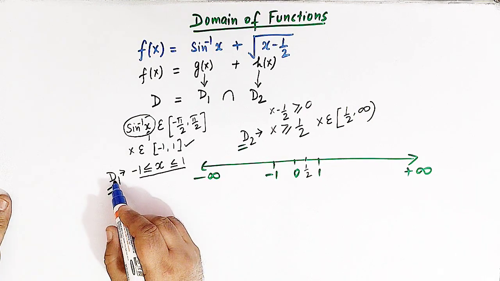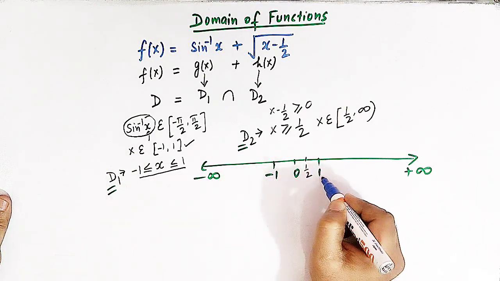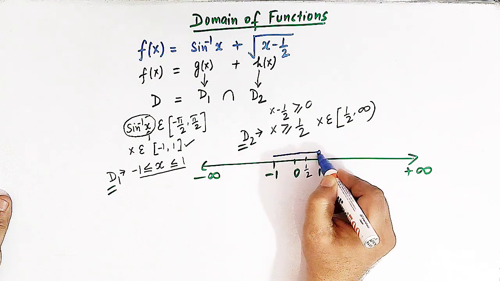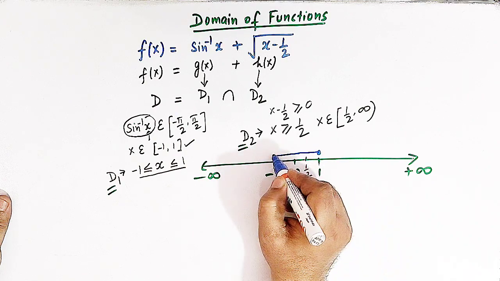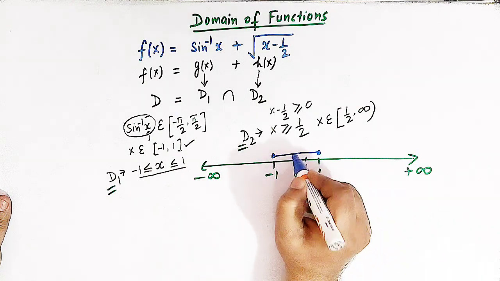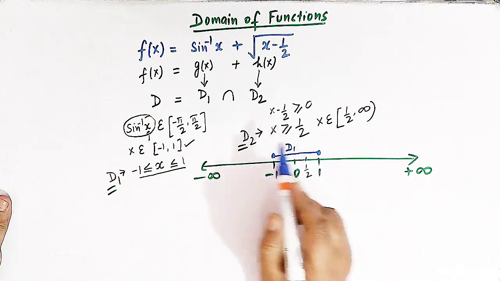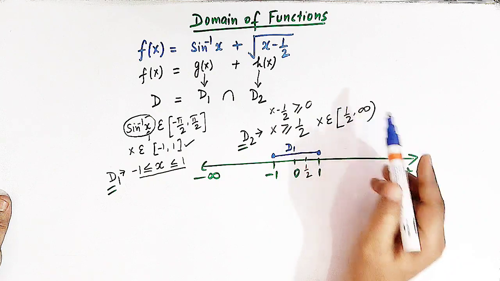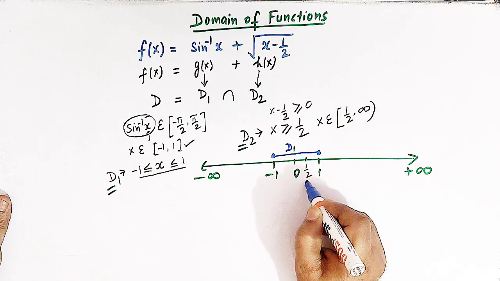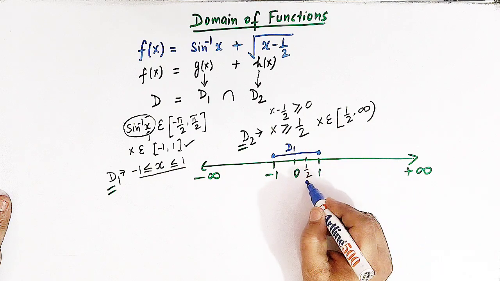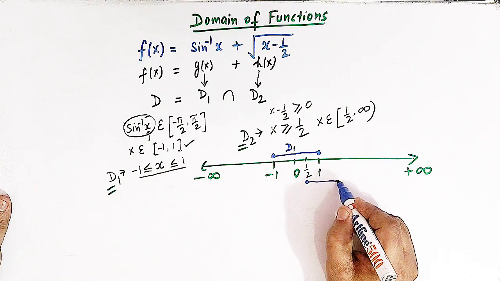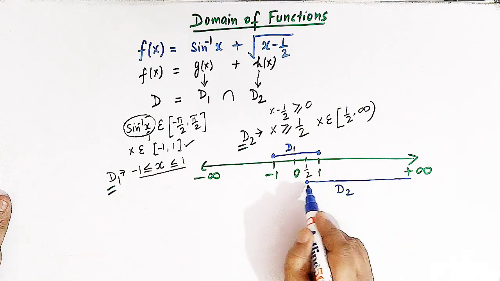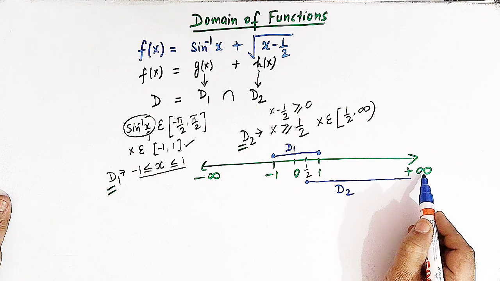Now d1 is from minus 1 to 1, including both endpoints. So this is our d1, and d2 is given by the interval half to infinity. Here half is included, and we go like this. So this is our d2, from half to plus infinity.